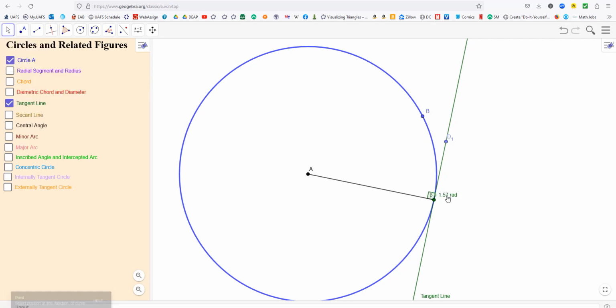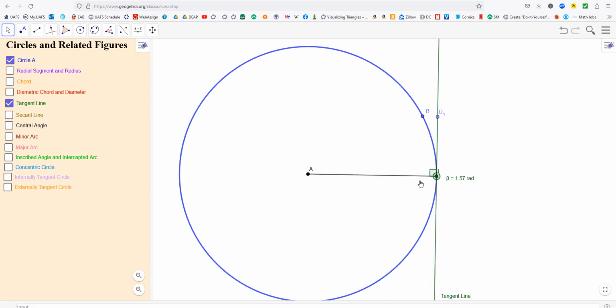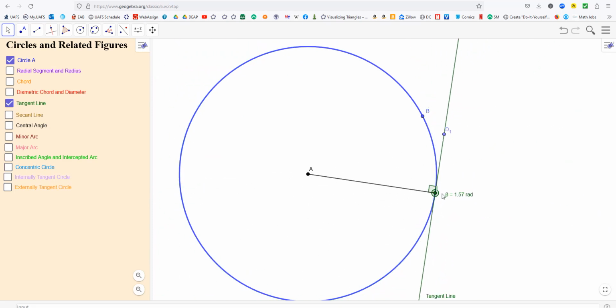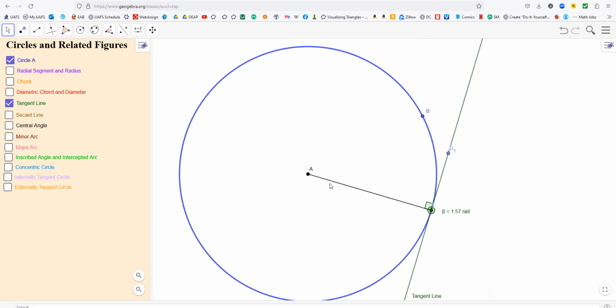Pi over 2, that's pi over 2 rounded off. That's a right angle. In fact, that's how I constructed the tangent. I just made a point on the circle, made the radial segment, and then made a perpendicular line. So there's a tangent line.